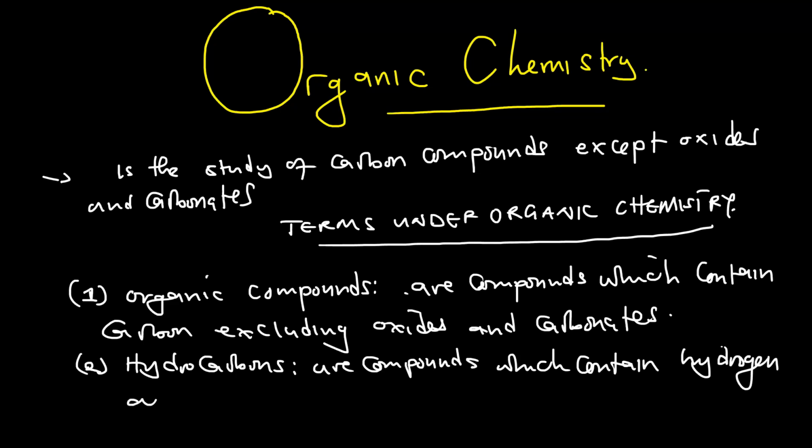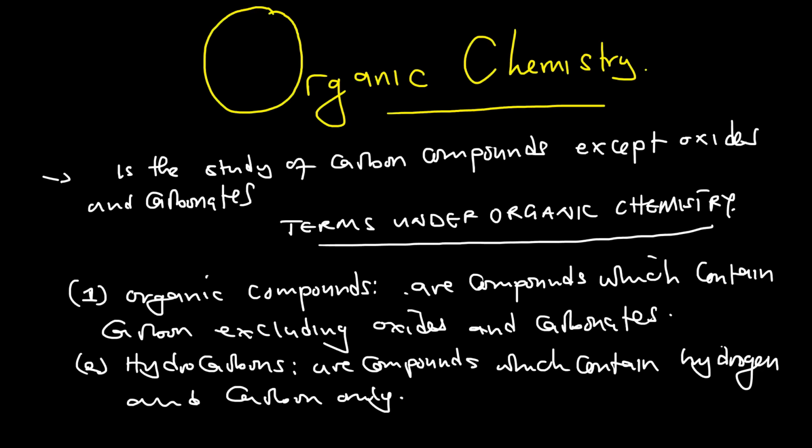That is how we can define this one. The next term that we can look at is homologous series. Now, before we go further, let me just give examples of hydrocarbons, compounds that contain carbon and hydrogen only.